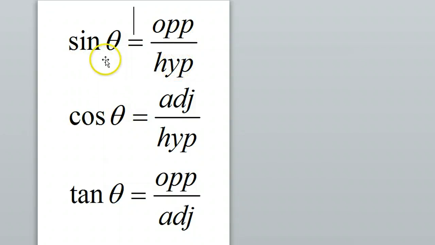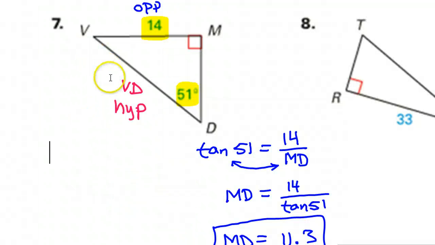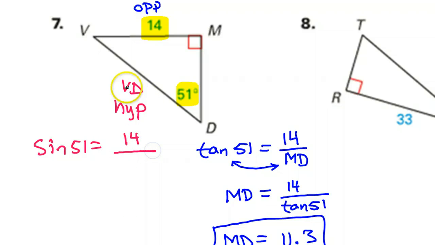Opposite hypotenuse, that's the sine function, sine of the angle. So I will do sine of 51, and that must equal opposite over hypotenuse. What I meant to write was 14 over VD. Okay, that's the opposite over the hypotenuse here.